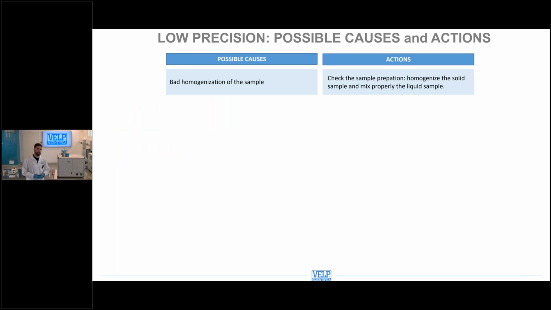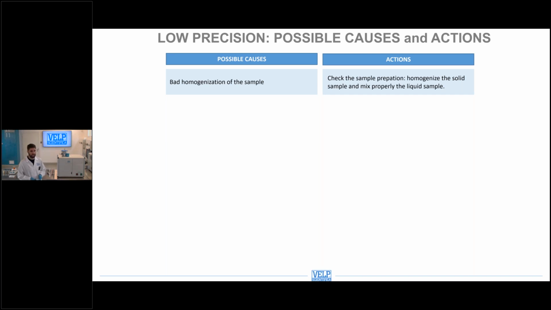Okay, so what are the possible causes and the action to carry out to solve this issue? An important factor is the sample preparation. In fact, on the contrary of the Kjeldahl method, the Duma method requires a small amount of sample. So the homogeneity of the sample is a very important factor to guarantee to use a representative aliquot.